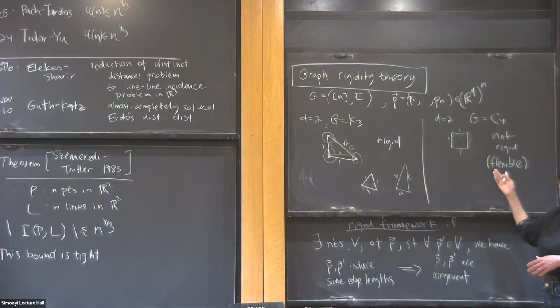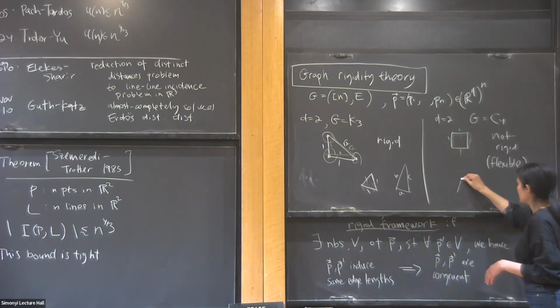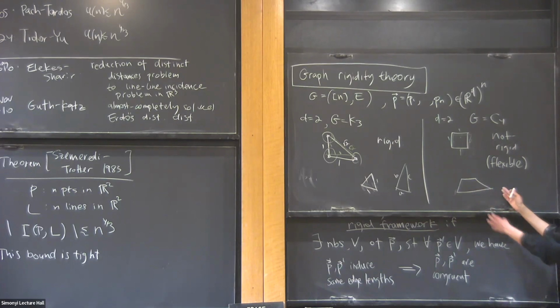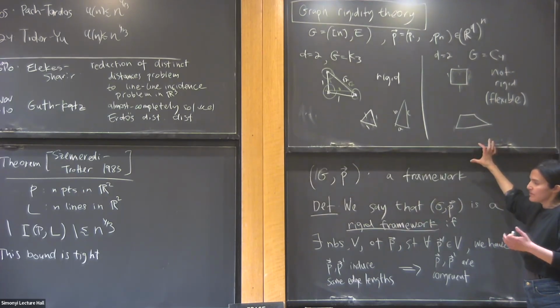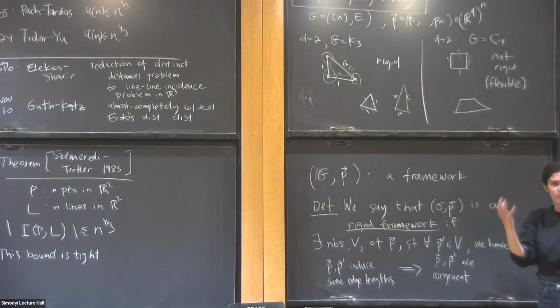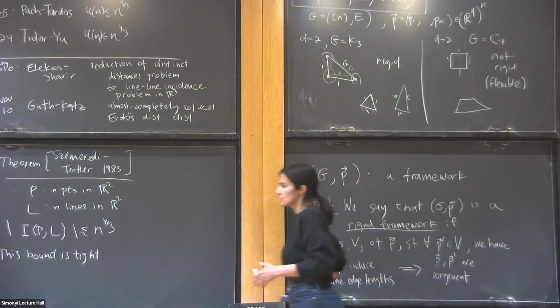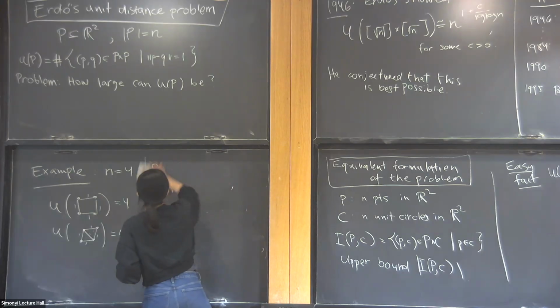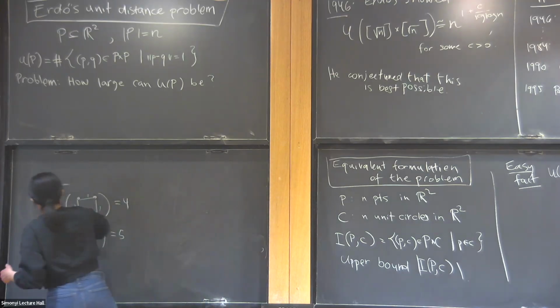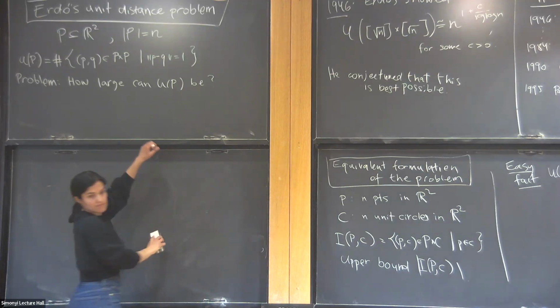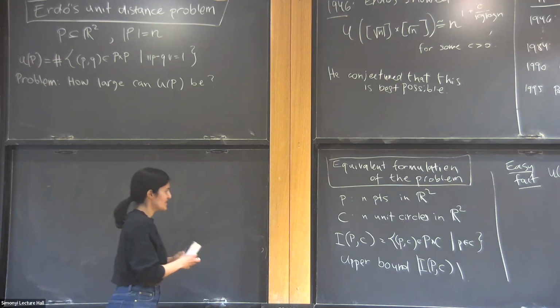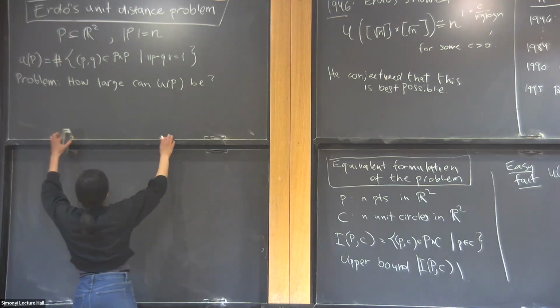And also for the C4 example, cycle of length 4, I can take any other embedding, more or less, and still get something that is flexible. So maybe this notion of rigidity is independent of the specific embedding. Maybe it's a property of the graph. It's a combinatorial notion. For the case of the quadrilateral, there are certain cases where it's... Right. Yes, so there is, I'm going to say it in a second.